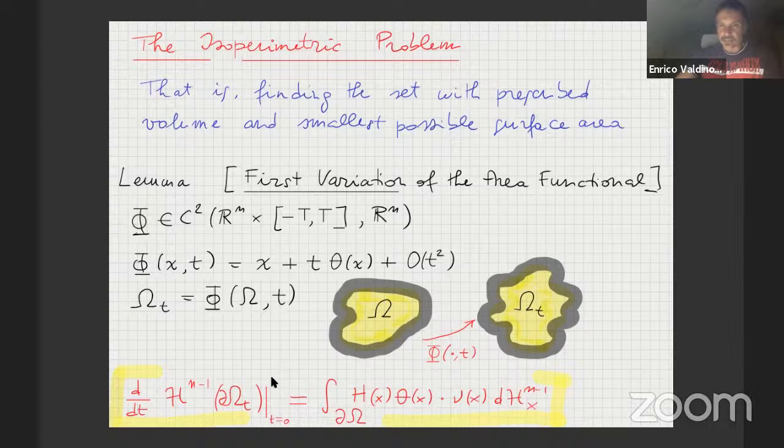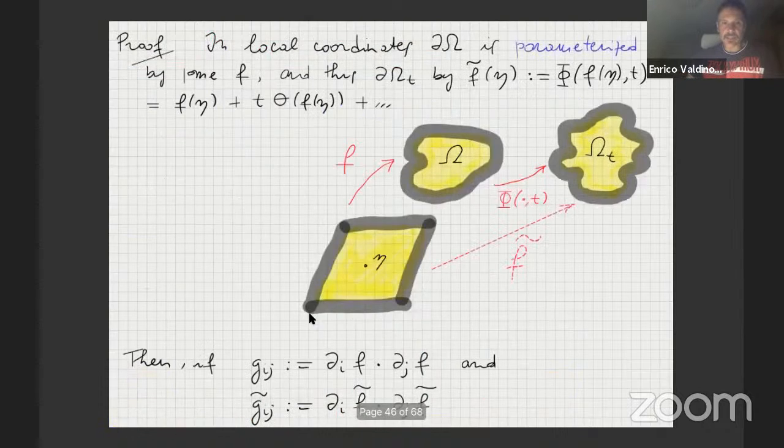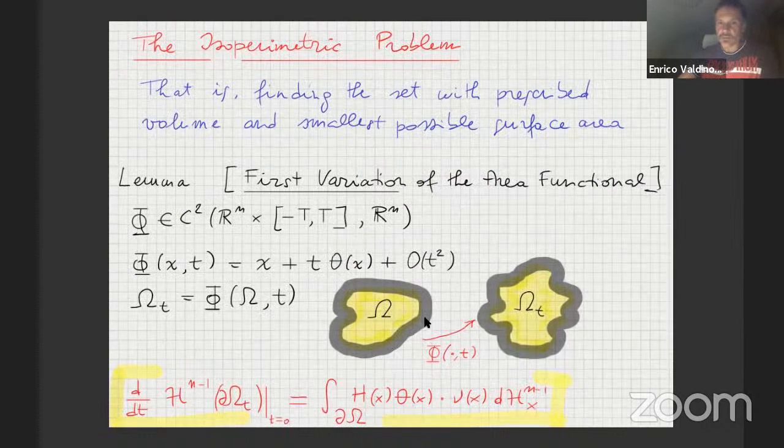The first derivative at t equal to 0 is just the integral over the boundary of omega of the mean curvature H times theta, the velocity field, scalar nu. So if you like, it's the external flux of H times the derivative of the diffeomorphism family.